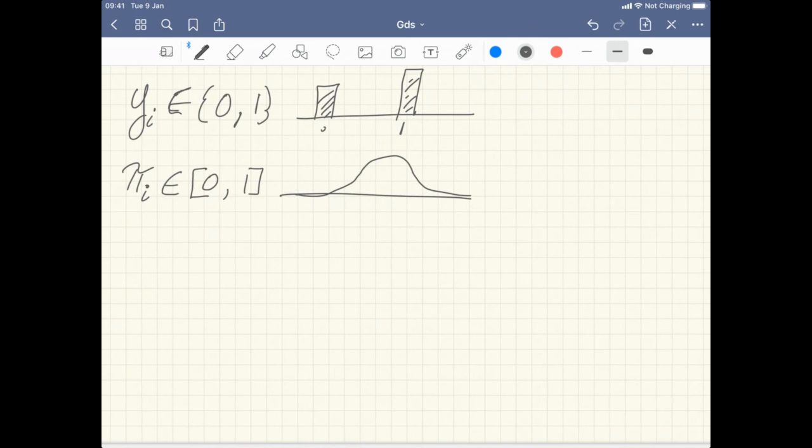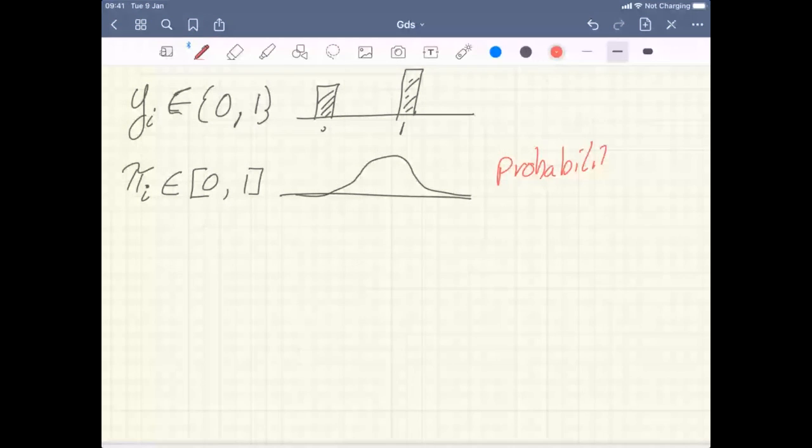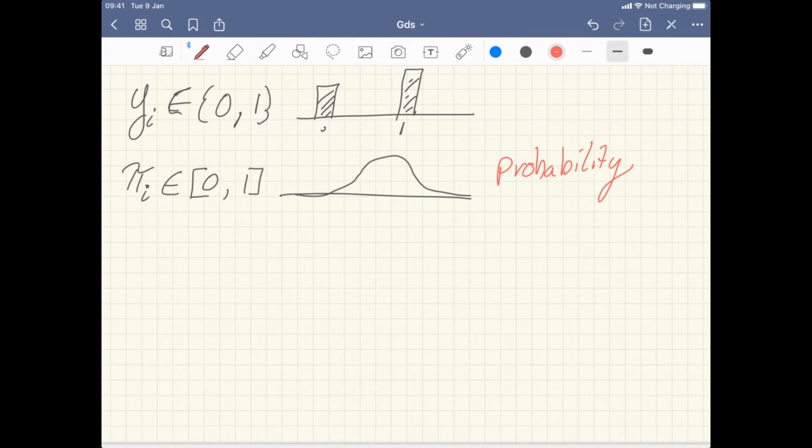Now, in order to turn this into something that is useful for a linear model, we can do further transformations. So pi is a probability, and you can think of it as a percent chance of something happening. Something else that's used, particularly in betting and statistics, is something called an odds.